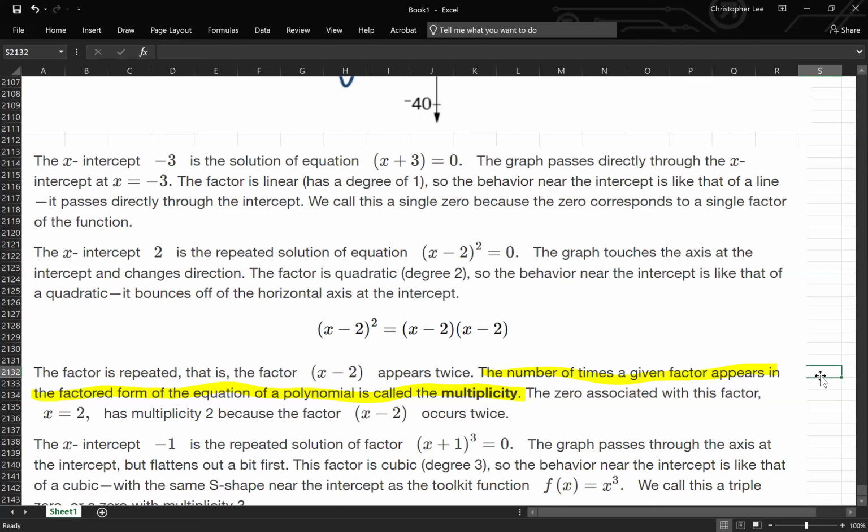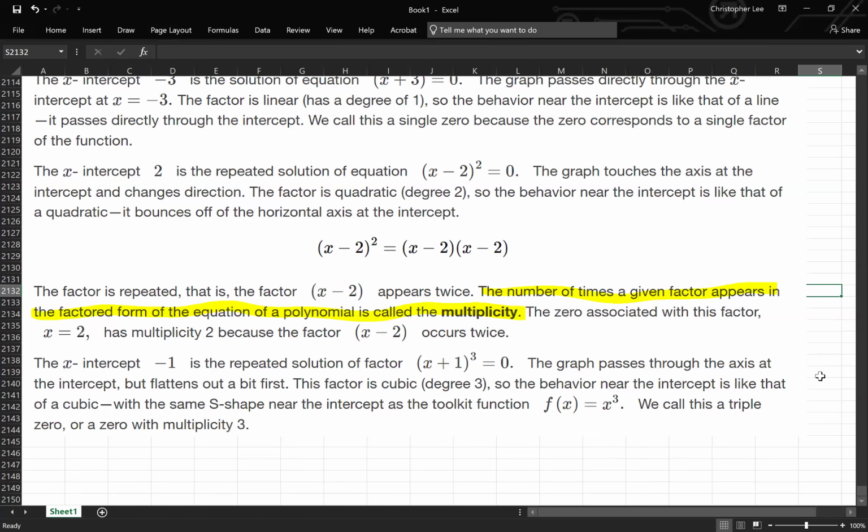The factor is repeated; that is, the factor x minus 2 appears twice. The number of times a given factor appears in the factored form of the equation of a polynomial is called the multiplicity. So the zero associated with this factor is x equals 2, with multiplicity 2, because the factor x minus 2 occurs twice.